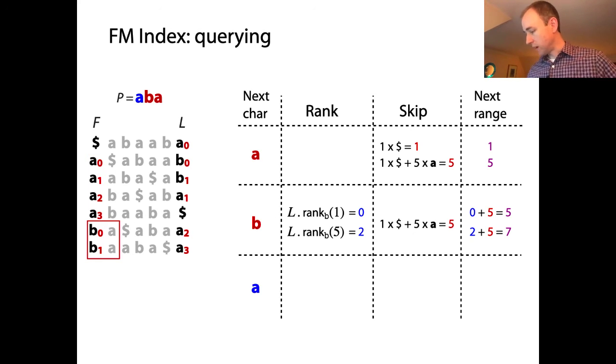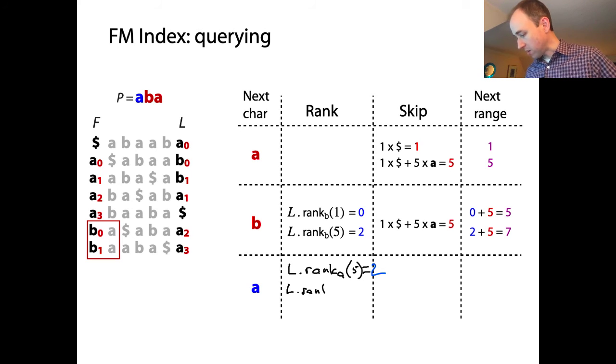So let's do the new rank queries. Now we're going to do L.rank sub A at offset 5. How many A's are there prior to row 5? 1, 2. And we'll do L.rank sub A at 7.